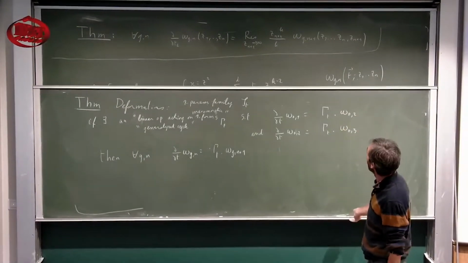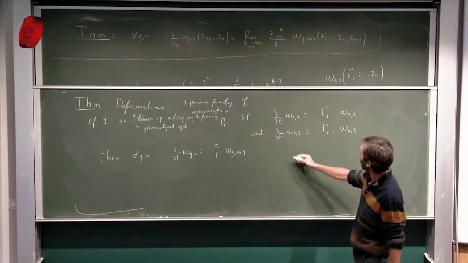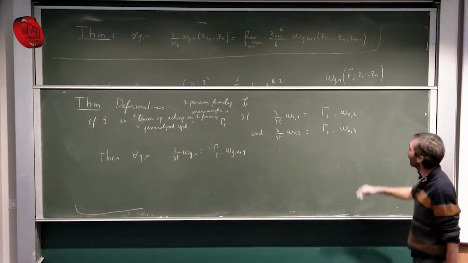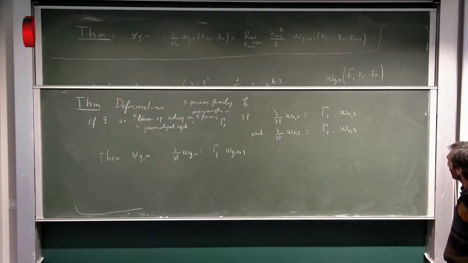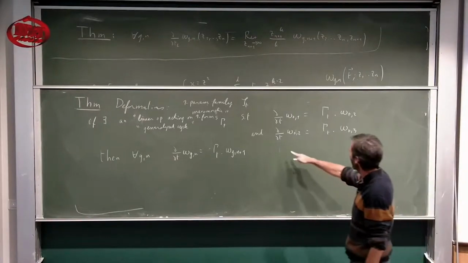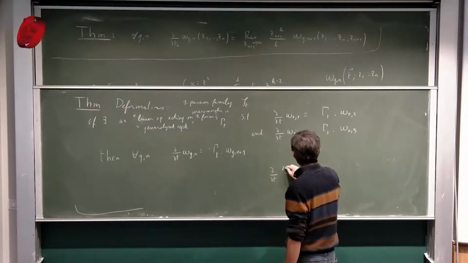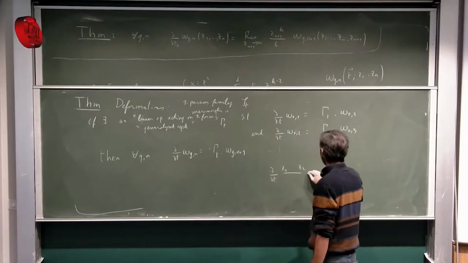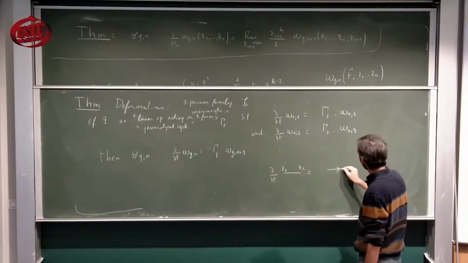The proof is quite simple graphically. Let me start with the second equation. So now I'm just saying that d over dt of omega 03 of z1, z2 is this graph, and omega 03 was this graph.